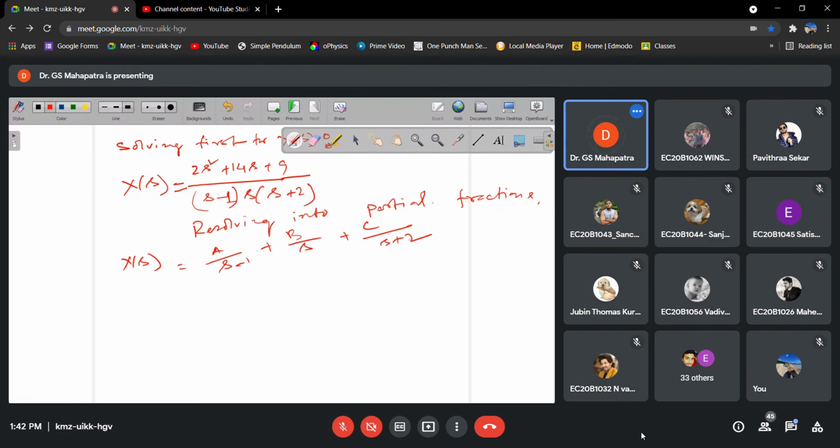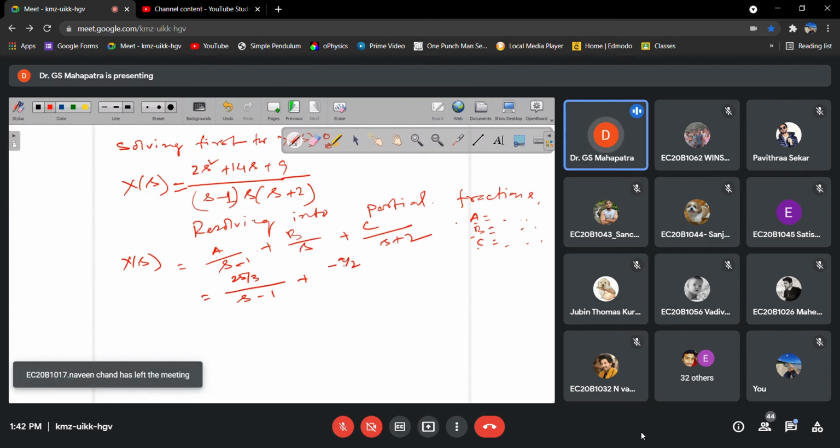Now find A, B and C. The answer is A equals 25 by 3, B equals minus 9 by 2, and C equals minus 11 by 6.